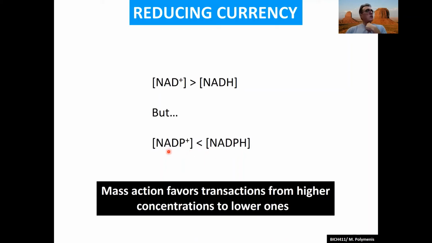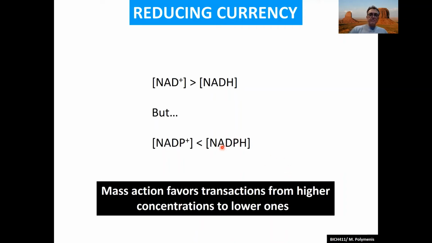It goes with its gradient in concentration. Mass action again favors transactions going from higher concentrations to lower ones. So it favors the reduction of NAD plus to NADH, the acceptance of electrons by NAD plus, which happens in catabolism for the most part. In anabolism, however, the mass action, because you have these different concentrations, favors the use of NADPH.